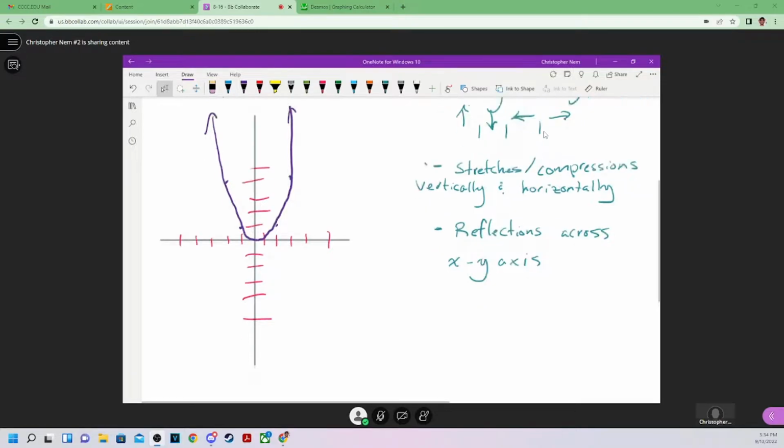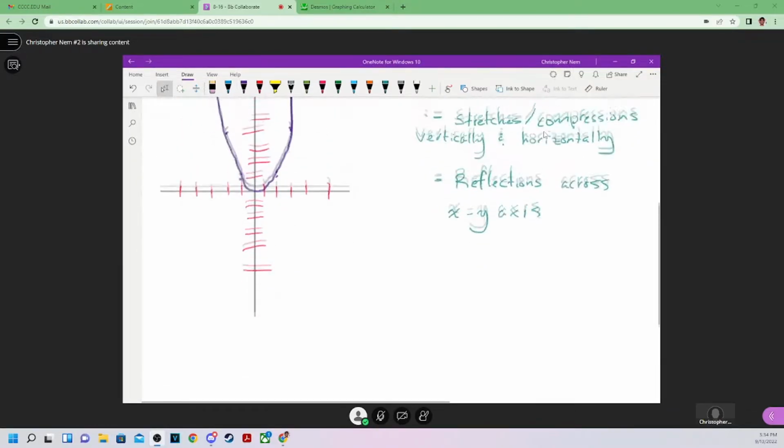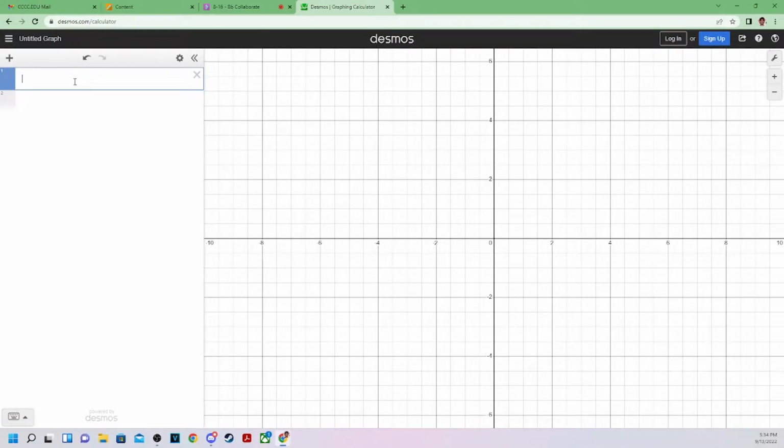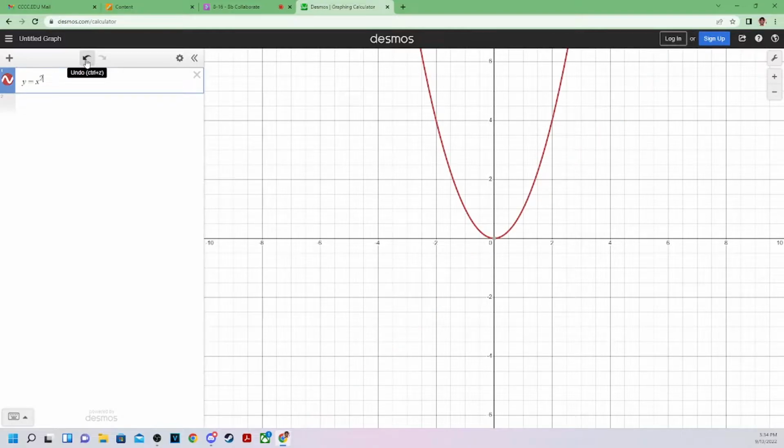Any. And now, it's probably best for us to just look at a perfect example of this, and then I'll draw some examples later. So I'm going to be using Desmos in particular, and we have the function y equals x squared. So we have this parabola shape. Now, I can have all sorts of transformations.